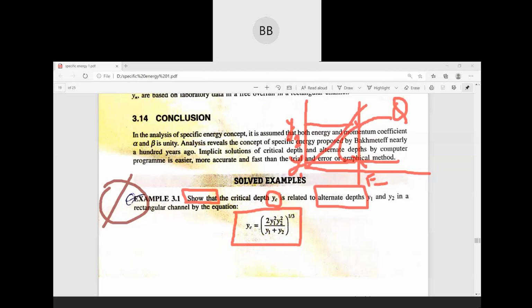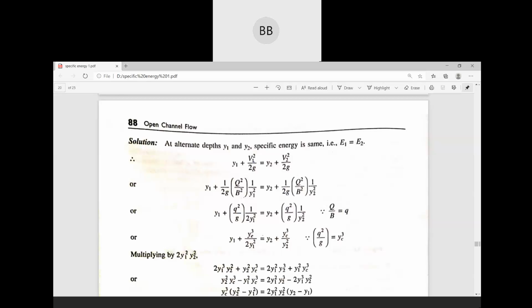So we proceed to the solution. We all know that for alternate depths our energy is the same. If you see the specific energy equation, we have only two components: one is y, plus the kinetic energy v square divided by twice g.